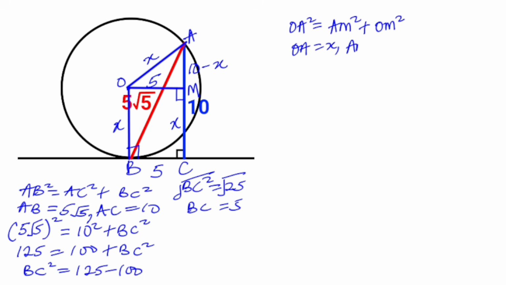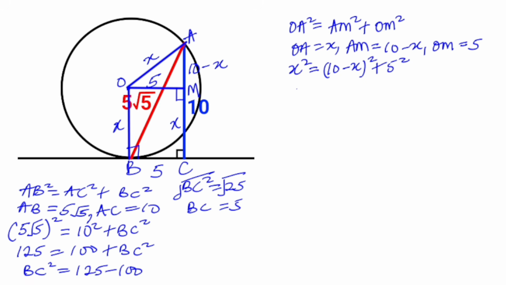AM is equal to 10 minus x. And OM is equal to 5. Substituting these values in the above expression will give us x squared is equal to (10 minus x) squared plus 5 squared.